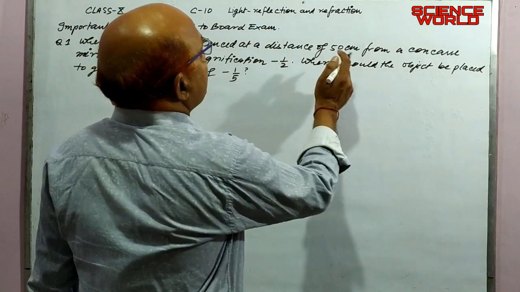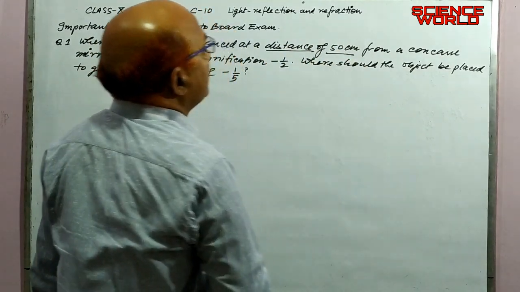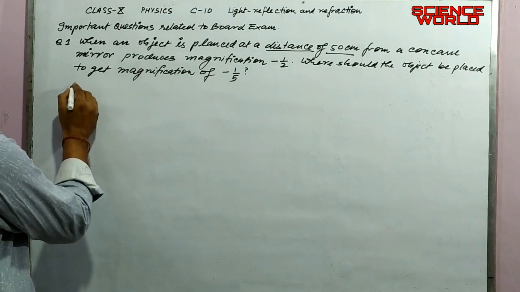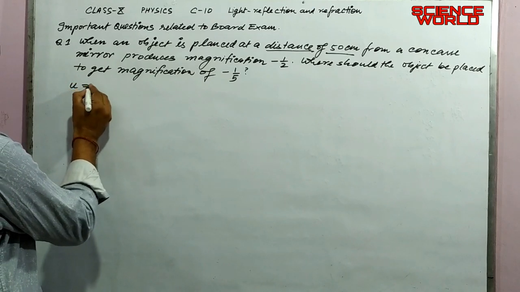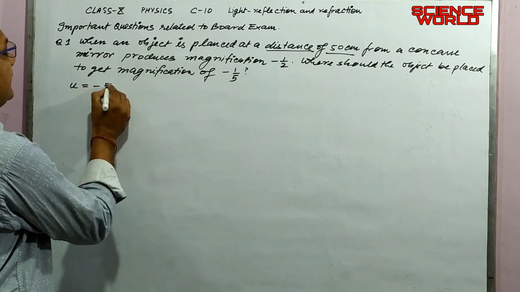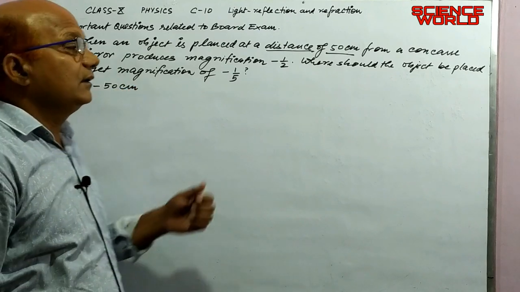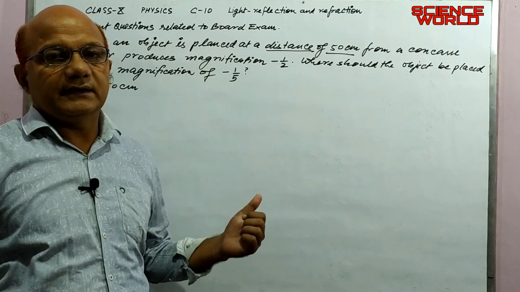The object is placed at a distance of 50 centimeter. So, it means object distance is given, u equal to -50 centimeter, because object is always considered in the left side.